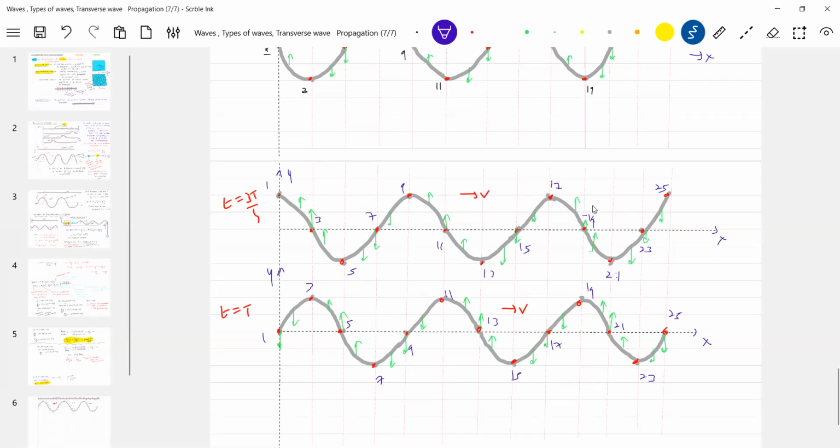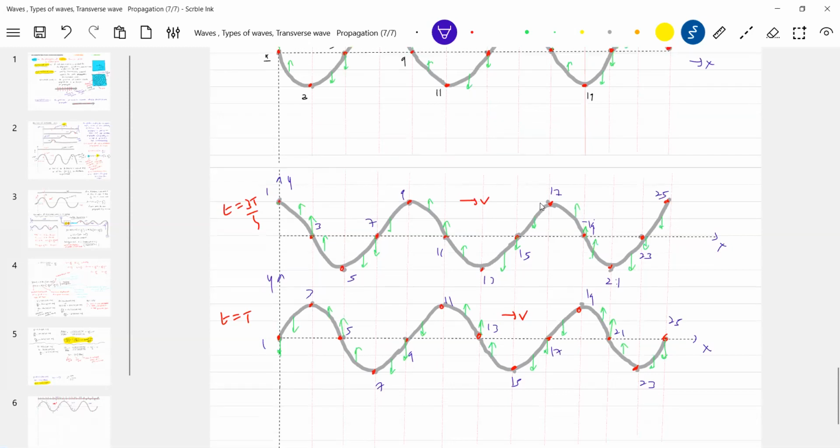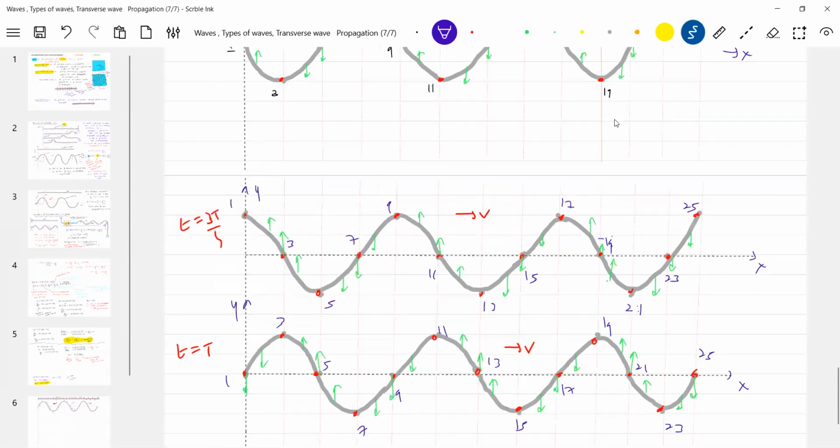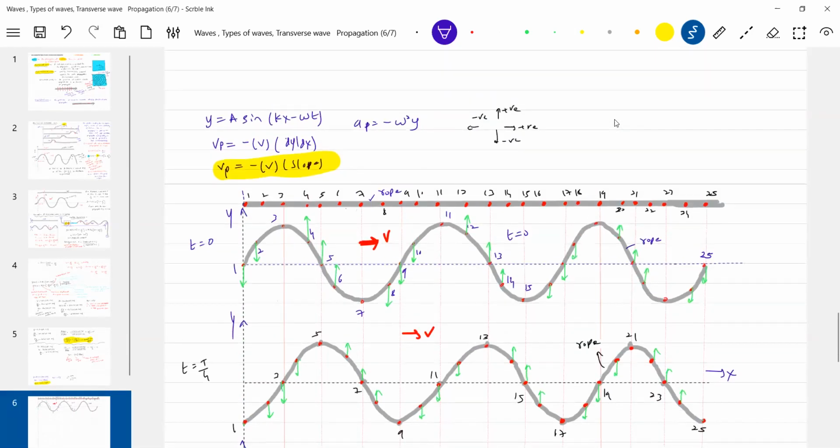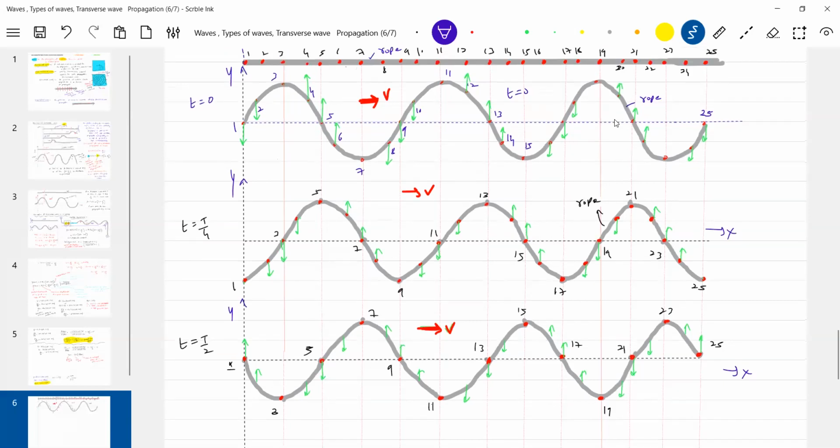If you see a YX graph, what is the time? So what you're seeing is a YX graph at t equals 0. What actually is it? What are you visualizing, you tell me. Anybody want to answer? Is it a graph or is it a rope?